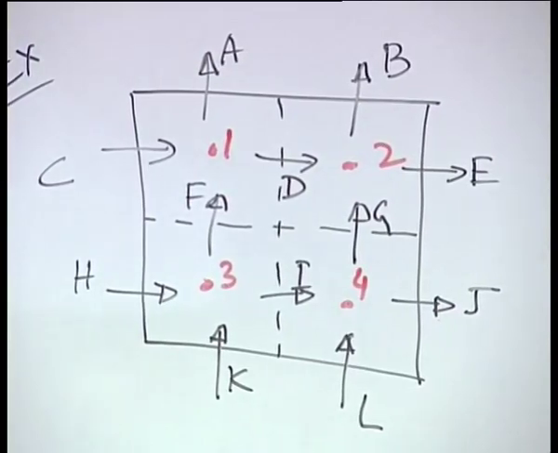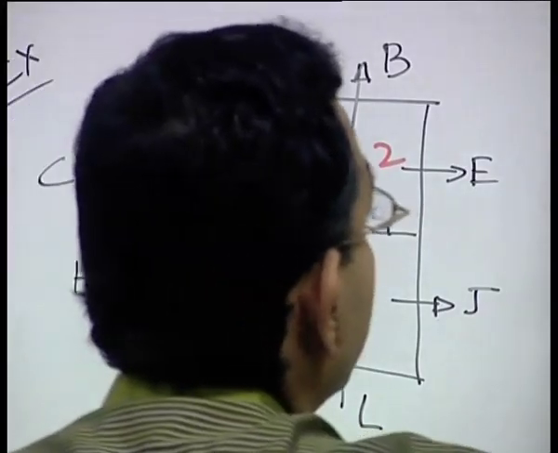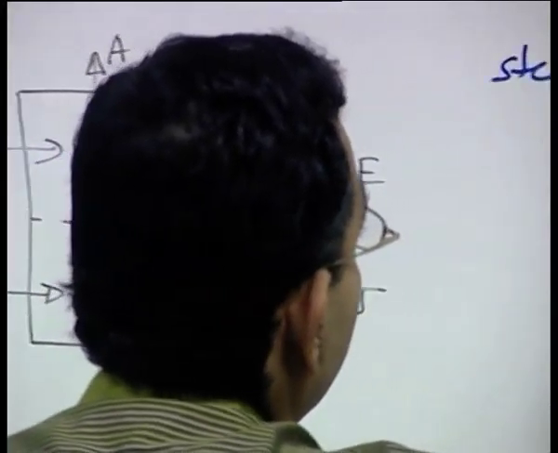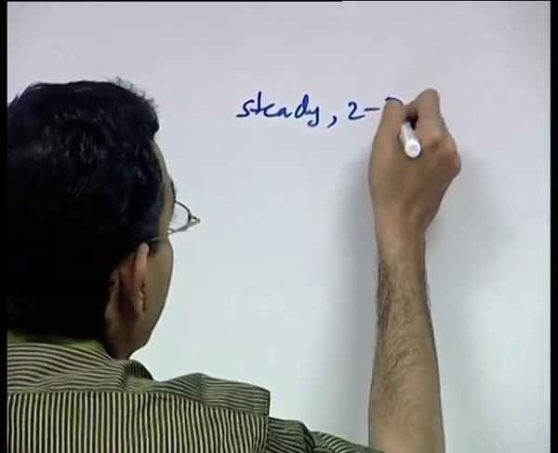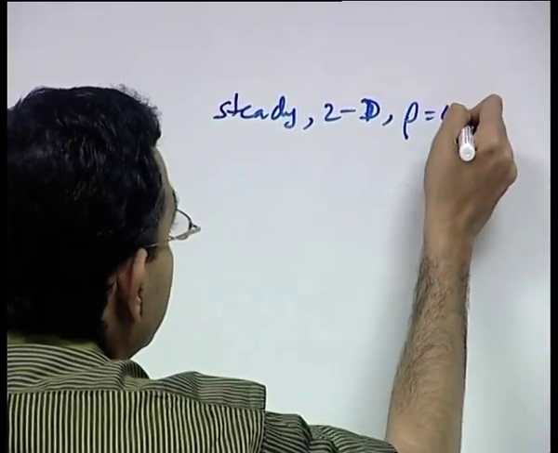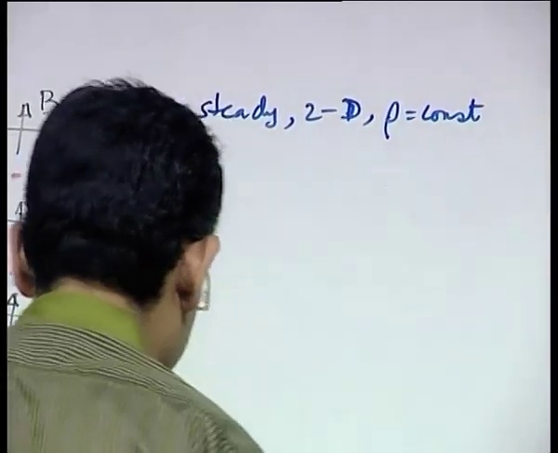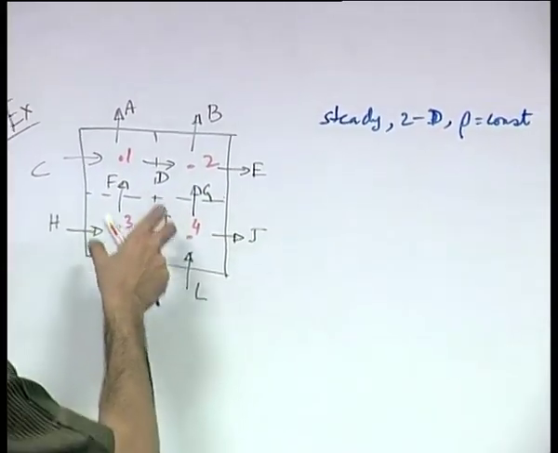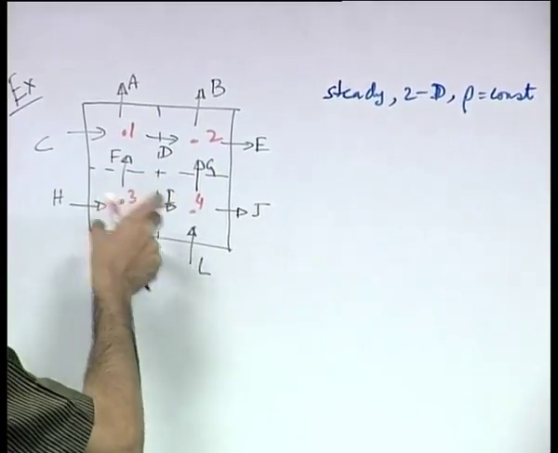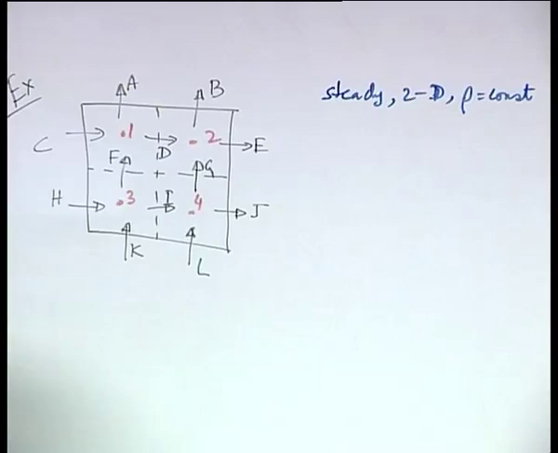It is assumed that the flow is steady, 2 dimensional, density is constant, and it is a square grid. Square grid is divided into 4 equal parts. So, for each part you have delta x equal to delta y.